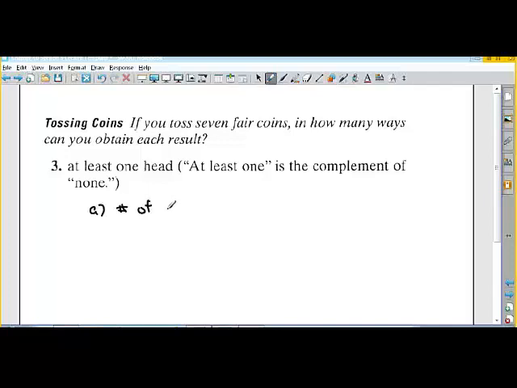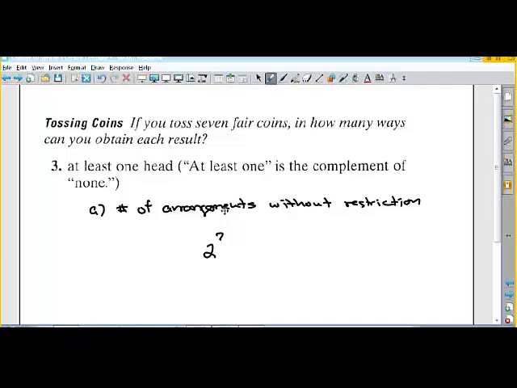So the first thing we're going to ask is number of arrangements without restriction. So how many ways can we toss 7 fair coins and get heads and tails? We just did this a minute ago. 2 raised to the 7th power, because we have a 7-part process.